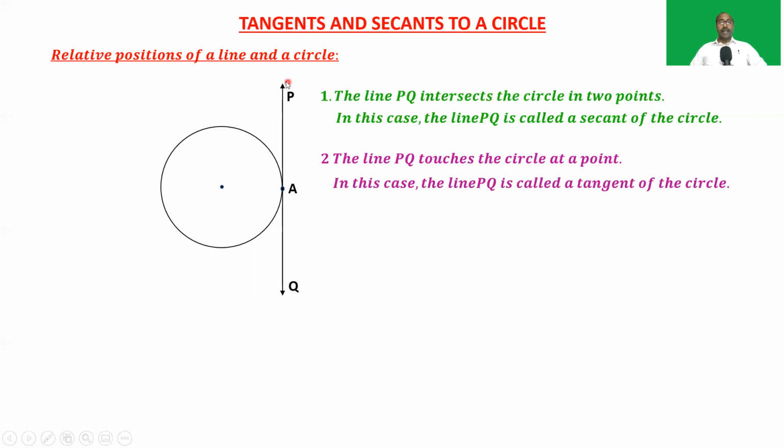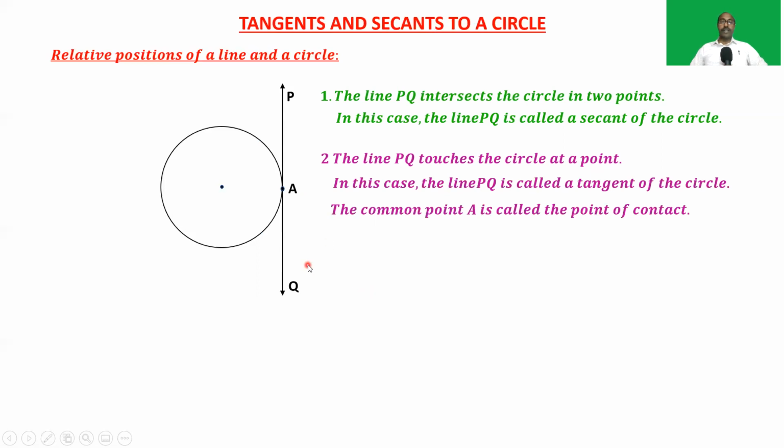Here, the line PQ is touching the circle at the point A. So, this point, which is common to both the circle and the line, is called the point of contact. Point of contact of the circle and tangent. Okay, here A is the point of contact.